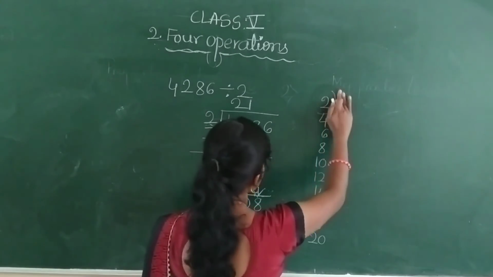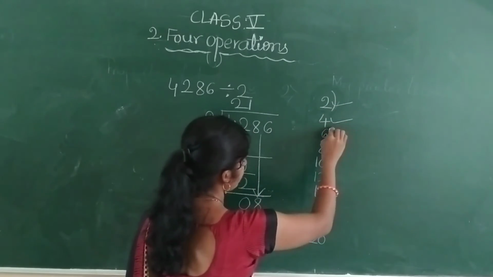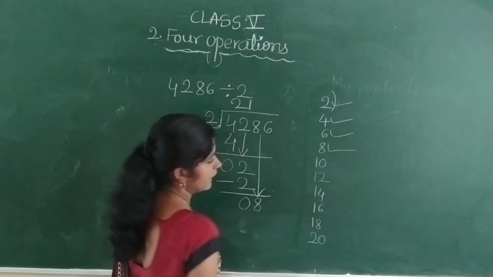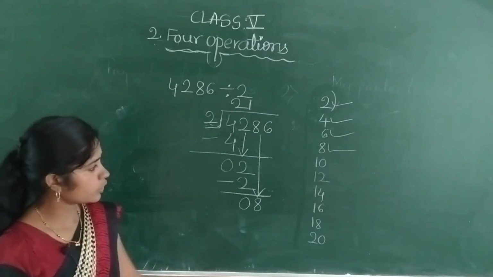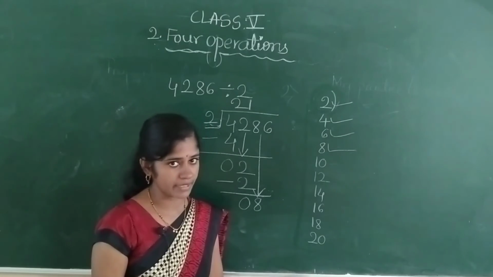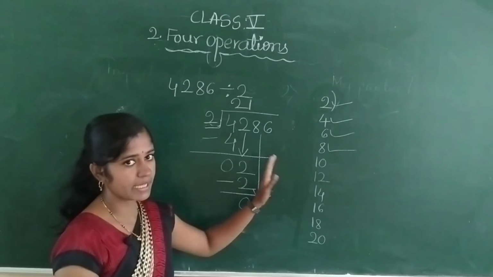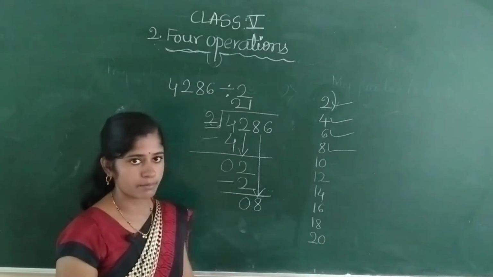See here, 8 is there. In the table 8 is there: 2 ones are 2, 2 twos are 4, 2 threes are 6, 2 fours are 8. And while solving, it's better to write tables on one side. It becomes a type of practice for you also. So while solving the examples you write tables compulsorily. Okay.